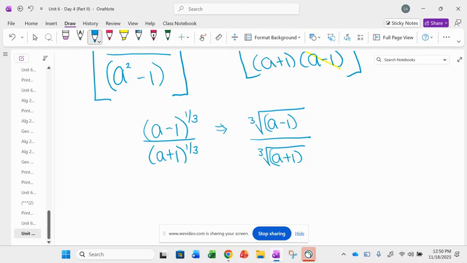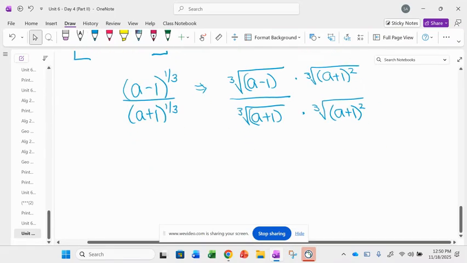No, so we're just going to treat this like a cubed root, which tells me to cancel out that cubed root. I need a grouping of how many? 3. I have one group of a plus 1. That means I need how many more? 2 more. So I'm going to multiply this whole thing top and bottom by the cubed root of a plus 1 quantity squared. So now in my denominator, I just have an a plus 1.